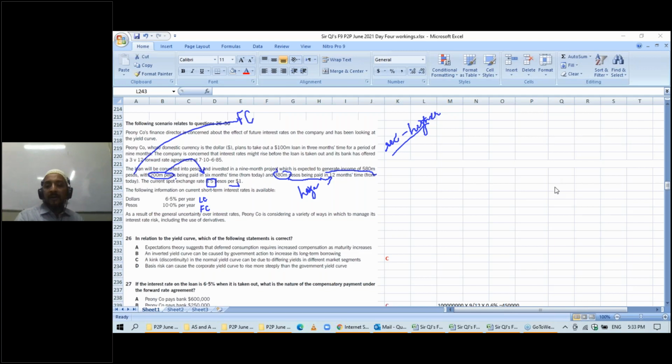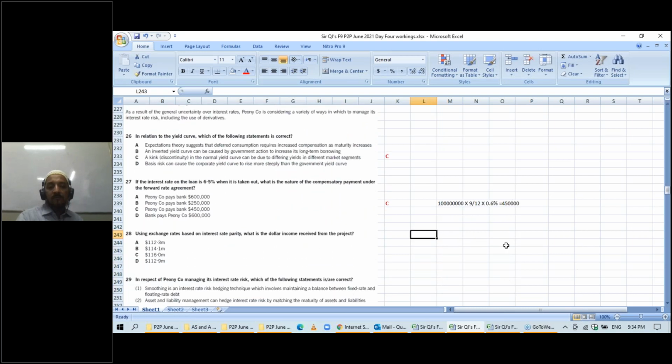So interest rate parity works on the basis of foreign currency interest rate and local currency interest rate. So two rates I have to calculate, two forward rates. Okay, first, a 12-month forward rate and then a 6-month forward rate.